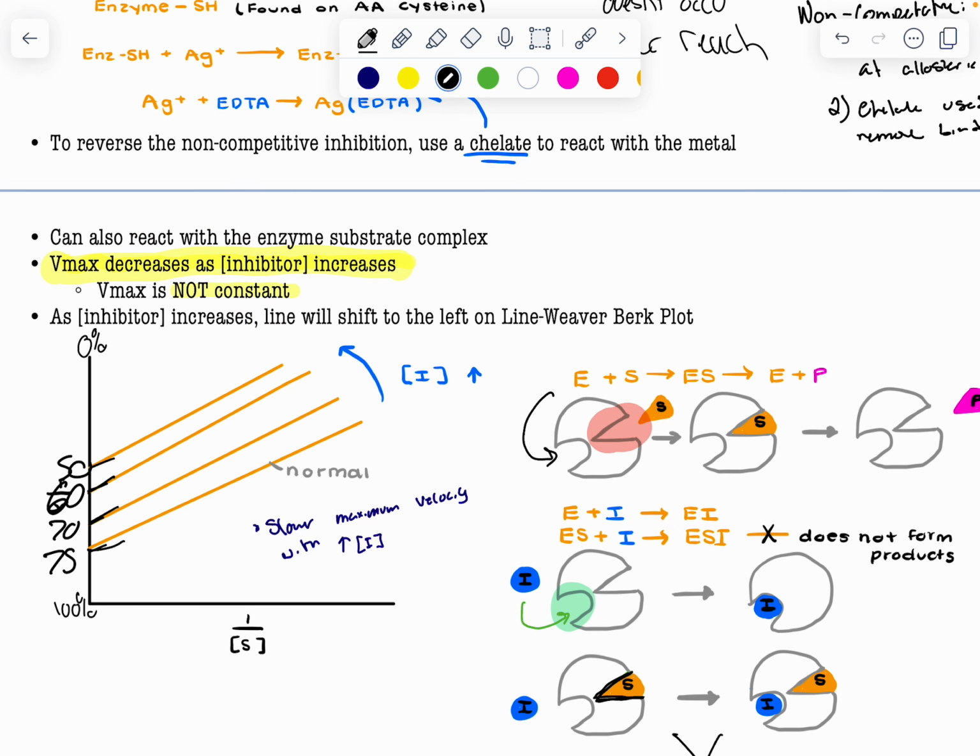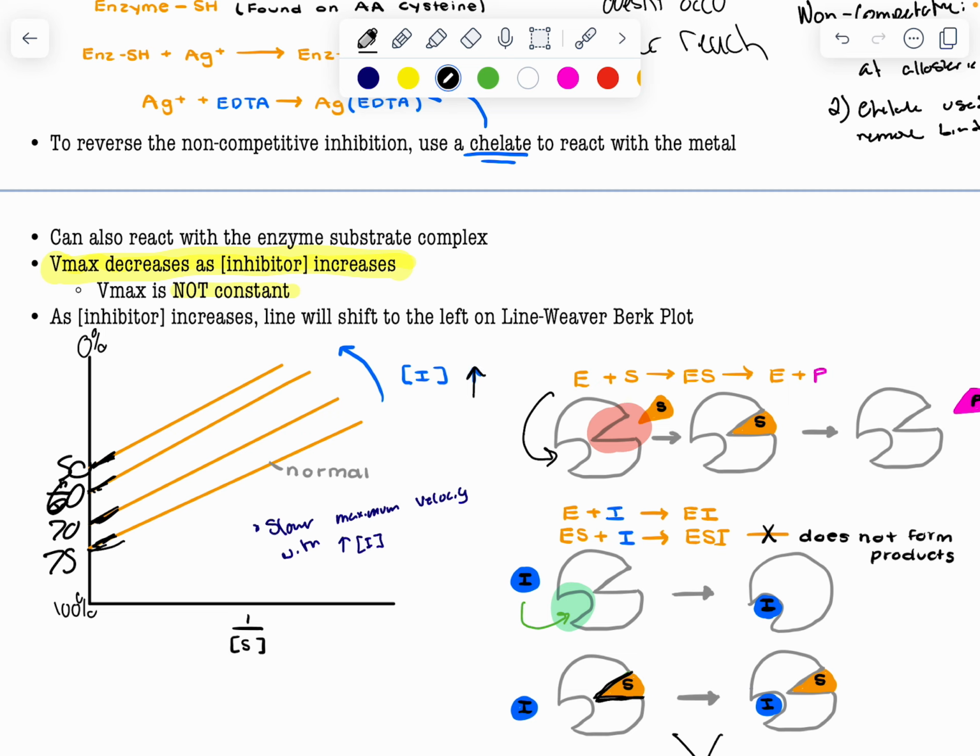And that is why our Vmax decreases, because our substrate can still bind, but our enzyme function is decreased, and the rate at which these reactions occur significantly decreases because these substrates cannot go through that final step, that final haircut, that final transformation to become a product. And that is why our Vmax decreases.